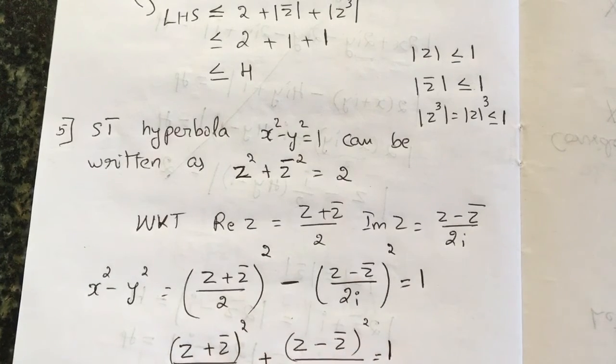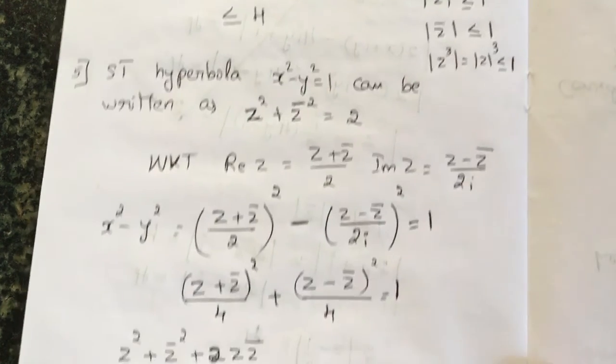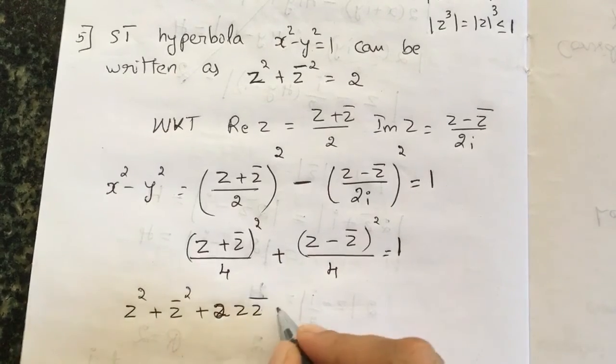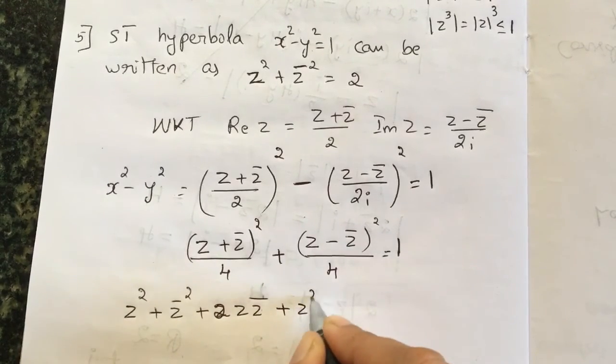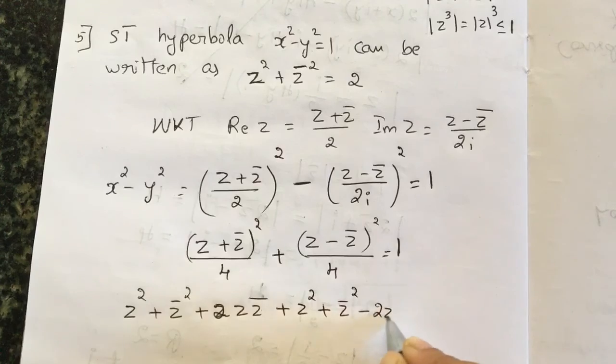Now you rewrite: z square plus z bar square plus 2z into z bar, I'm sorry, plus z square plus z bar square minus 2z into z bar is equal to 4.